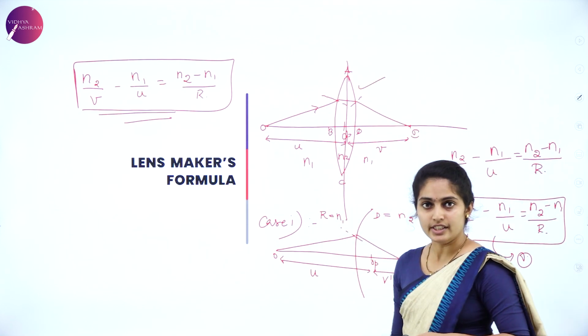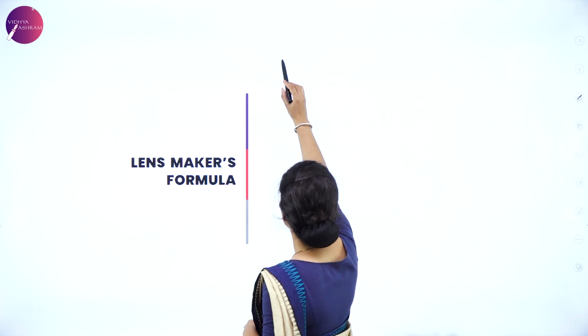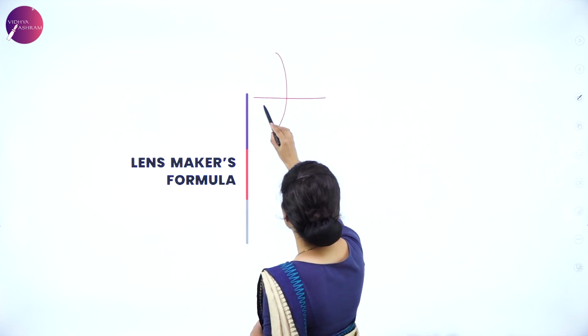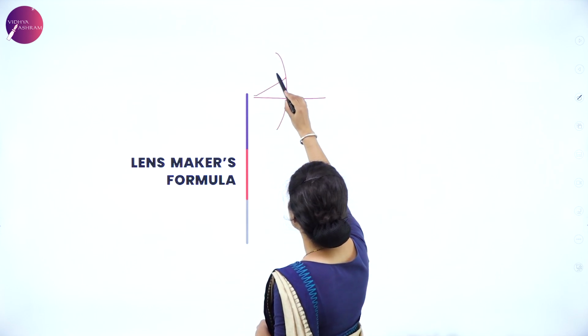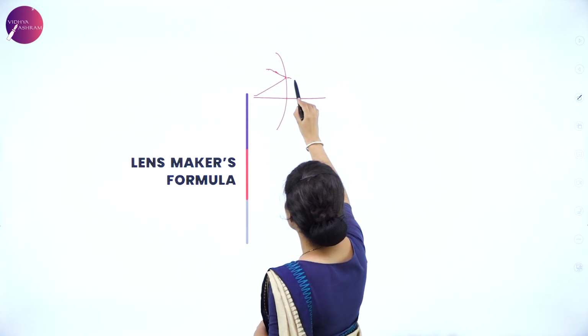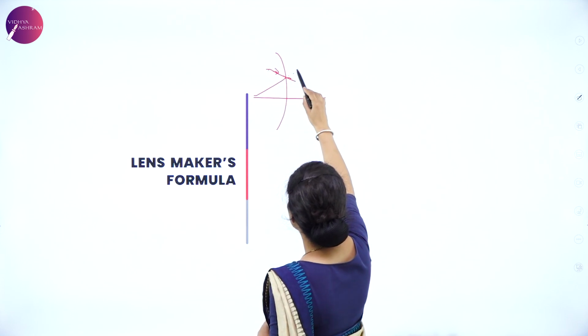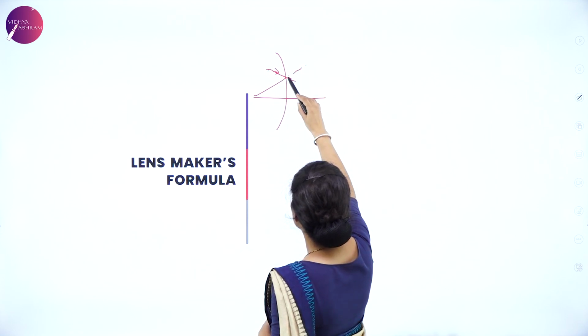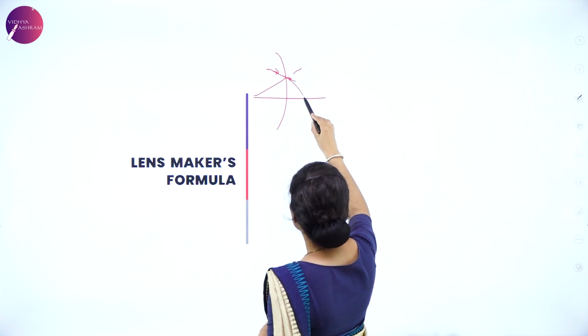Similarly, the first half is done. Let us consider the second half of the set. So we have a ray which passes like this, and a normal which is drawn. From the normal you are just moving away.